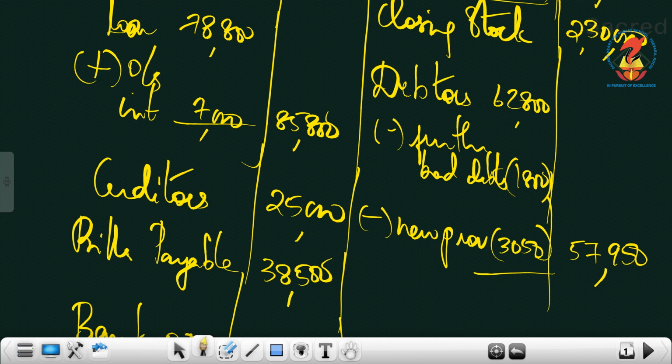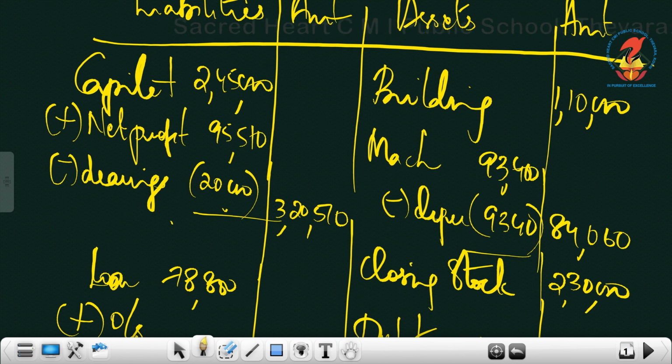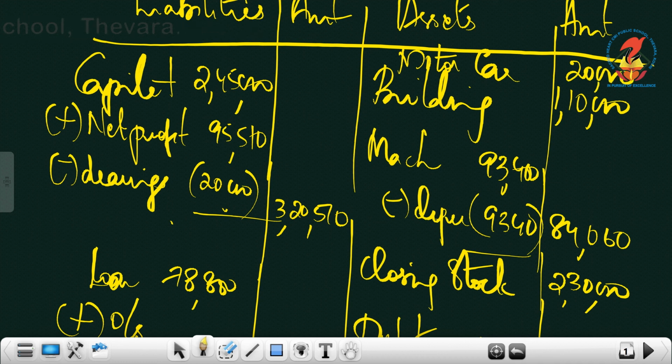Then which are the other current assets given there? Okay, we had motor car, which is actually a fixed asset. If you have space here, you write motor car on the top, which is actually a fixed asset. So you are supposed to write there, or else after your current asset you can write, no problem. Motor car is there, 20,000. When you move in that order, motor car is given only after these items, so it's okay even if you write it at last.